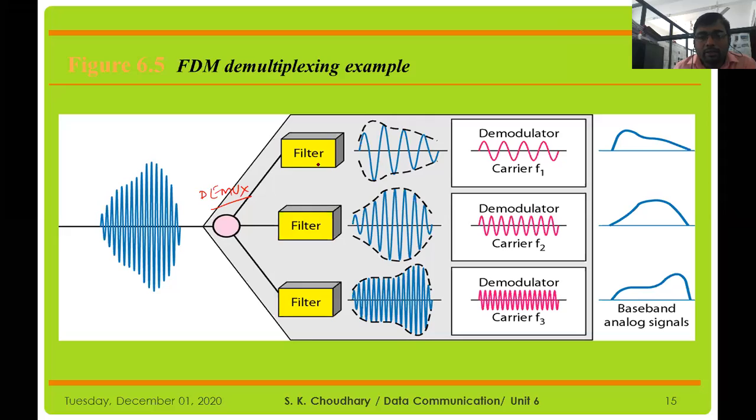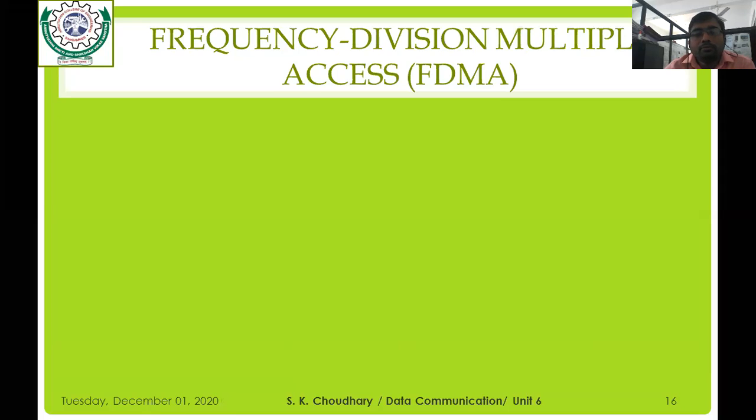In this way, the filters separate out these three different signals of frequencies f1, f2, f3, and finally they are fed to the receiver as output signals, or baseband analog signals. Okay, so in this way we have seen how the FDM process is carried out with the help of the multiplexer and demultiplexer.